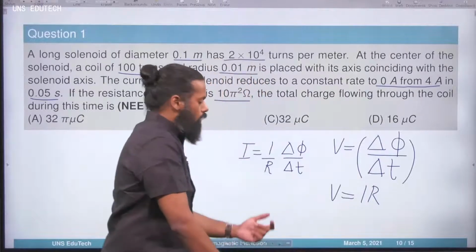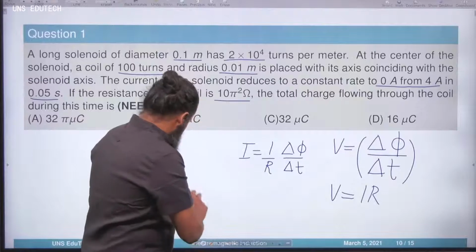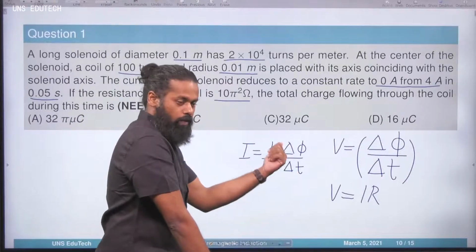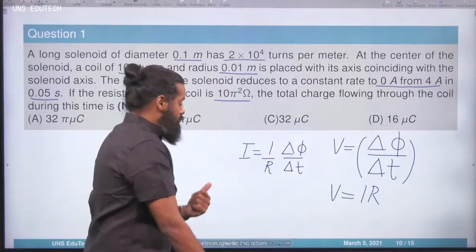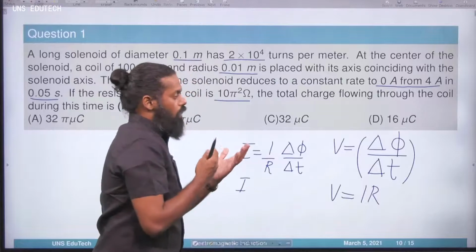Okay. Now here once again you can see that change in flux you can find out, and here current is nothing but change in charge divided by change in time, because we have to find out the total charge flowing through the coil.